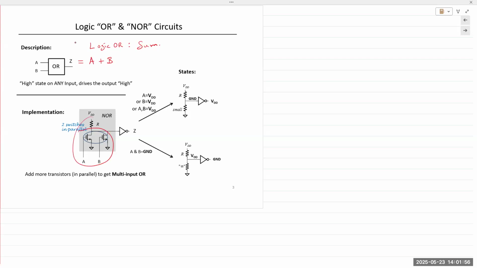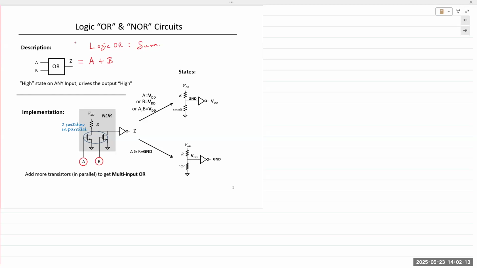And we can do that by combining 2 transistors and connecting them in parallel. So we have A and B, which are the inputs to the gates.